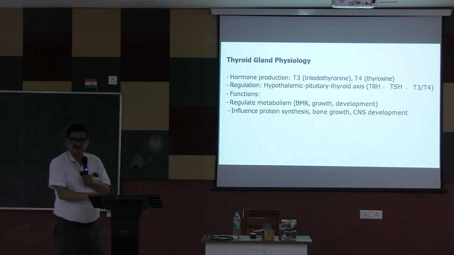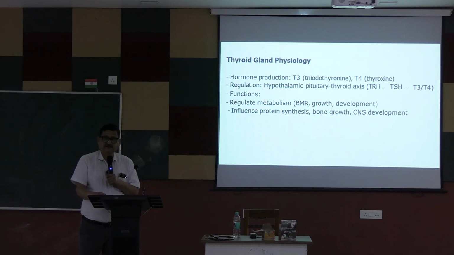Calcium is metabolized in the body and calcium homeostasis is maintained by parathormone and calcitonin. One is from the thyroid gland and one is from the parathyroid gland.